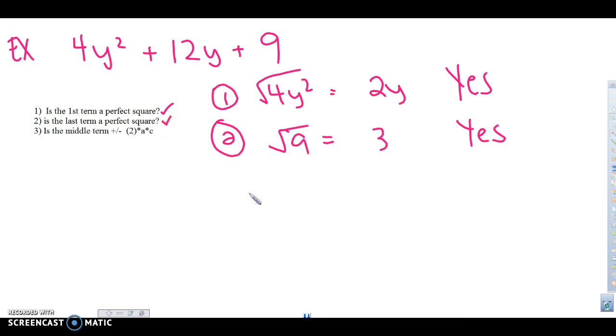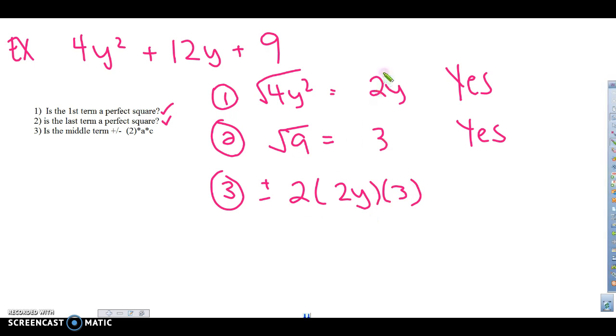That means I want to know, is the middle term plus or minus 2 times 2y times 3. So whatever I got when I was asking if these were perfect squares, these answers are what I'm plugging in here and here. Okay?